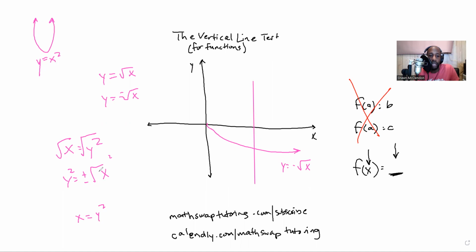So that's why you have to consider both. But anyway, that's an example of a non-function that is comprised of two functions when taken separately. Okay. All right. Hopefully that's clear.